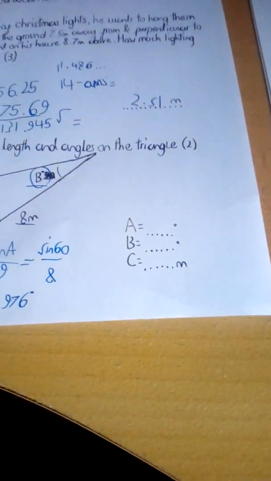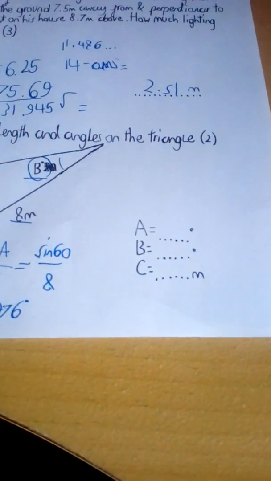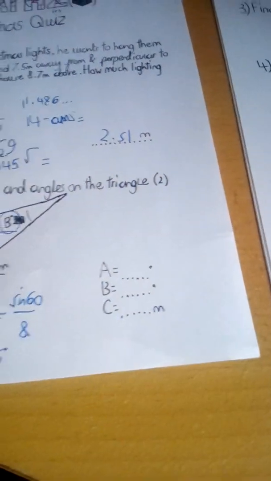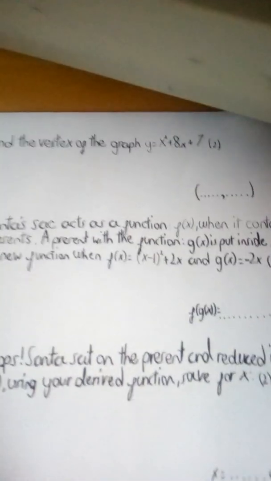I'm not going to write down the whole cosine rule, I don't have enough space, but if I were to work out the cosine rule, I'd get that C is equal to 6.302 meters, okay? So if you want to see how to do the cosine rule, I've got a video on that later. So I've got all the answers for them too. Moving on to question 3.